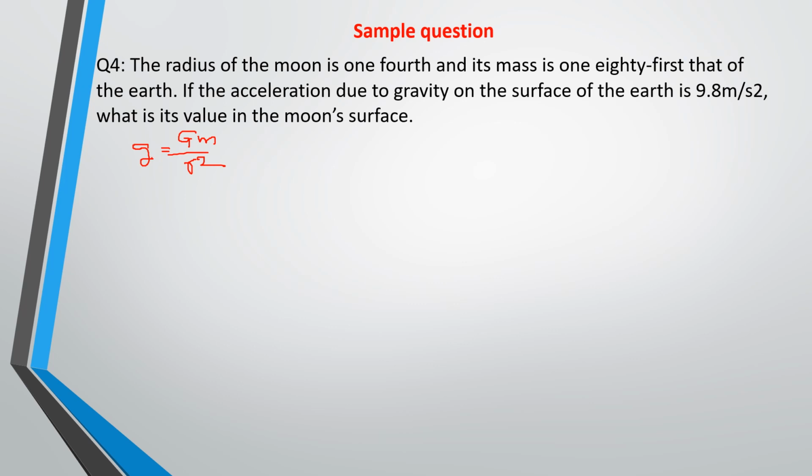Now, in this question, you are given that the radius of the moon, r moon, is 1/4, 1 all over 4 that of the earth.